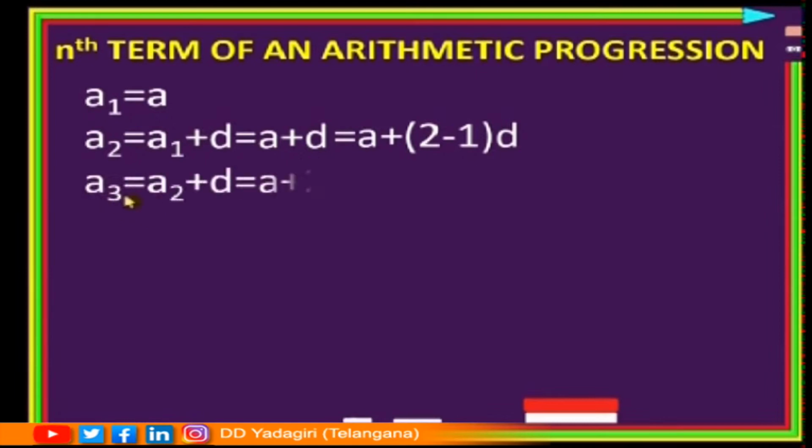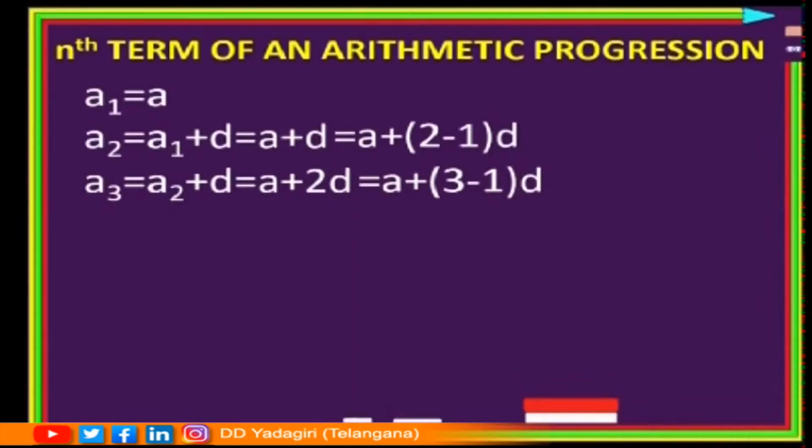Next, what is the third term? The third term is adding D to the second term, that means A plus D plus D, that is A plus 2D. So here A3 is equal to A plus 2D, right? Here we have 3, here we have 2. That means it was reduced by 1 unit. So which can be written as A plus 3 minus 1 into D. So students, can you guess what is the next term? Here we have A2 is equal to A plus D, A3 is equal to A plus 2D.